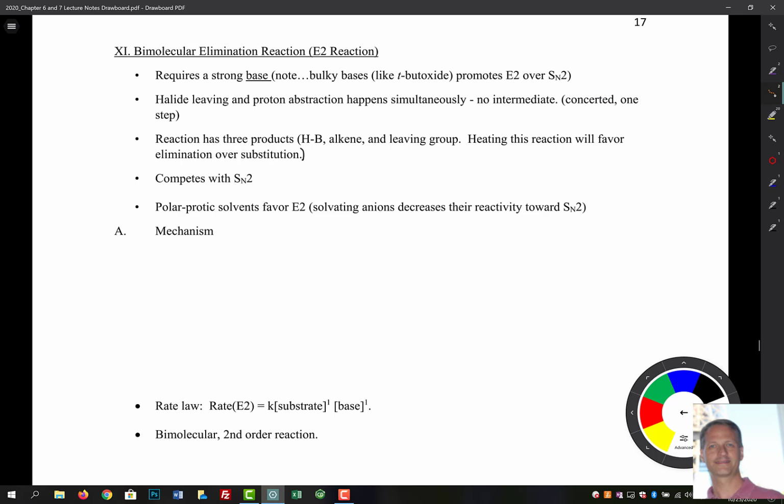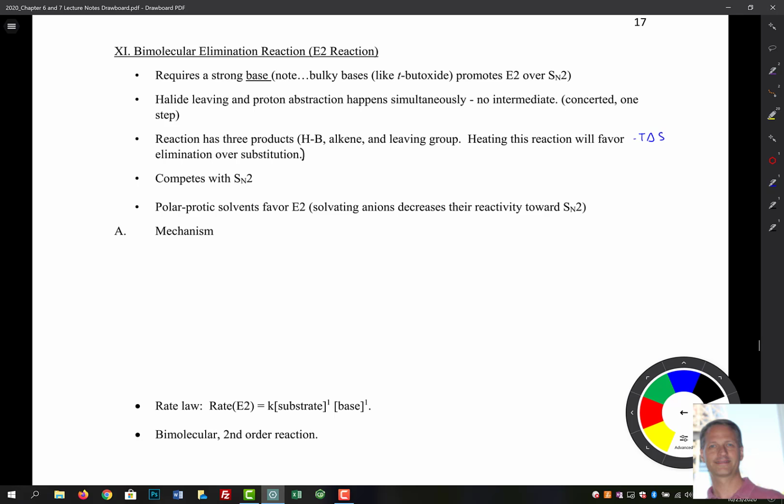Also, the reaction has three products: HB, an alkene, and the leaving group. Because of that, heating this reaction will favor elimination over substitution, because the T delta S term for your Gibbs energy is going to have more of an impact with three products.